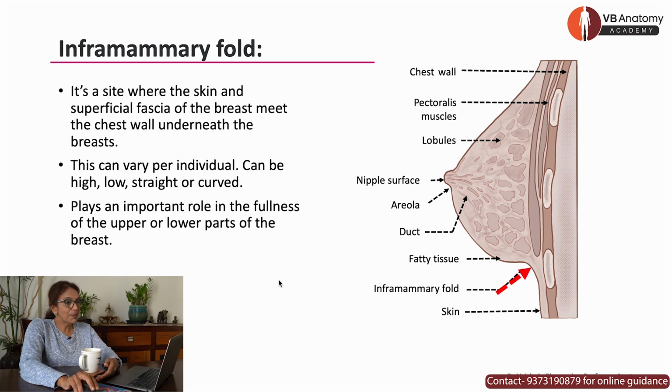So what is the inframammary fold? It's the point where the superficial fascia and skin of the breast becomes continuous with the superficial fascia and skin of the chest wall. The shape of this inframammary fold can be curving, straight, high, low, any. But it plays an important role in the fullness of the upper or the lower breast. Its position matters.